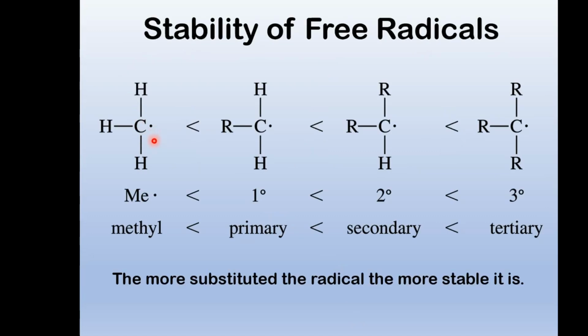We're looking at the stability of free radicals. The least stable radical is called a methyl radical. Call this a methyl carbon. All right, so now we have a primary radical. What's that mean, primary radical? That means we have a carbon with a single electron there, which makes it a radical.